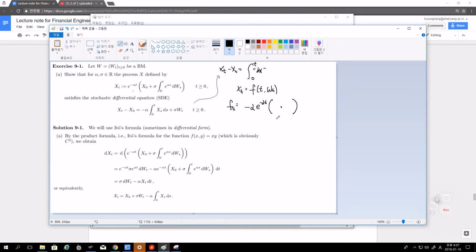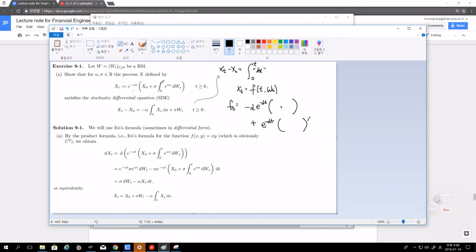And now we want to take the derivative of the second term, plus e to the minus alpha t, and we want to take the derivative of the inside of the parentheses. If we take the derivative of x naught, it is just a constant. And if we take the derivative of this one, this is pretty easy. It is integration.